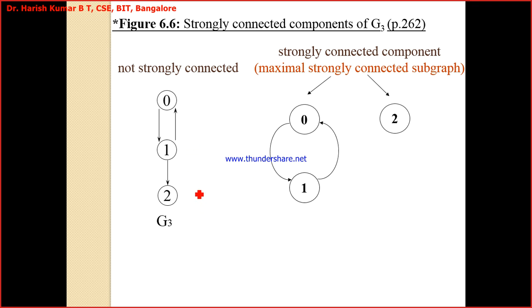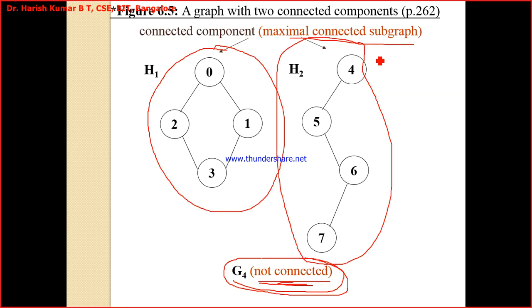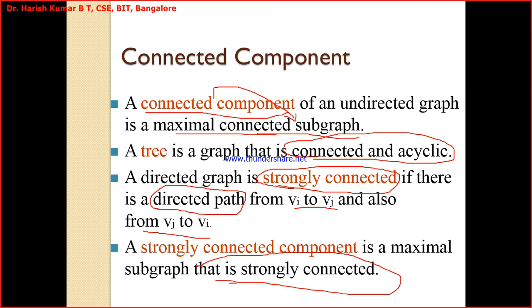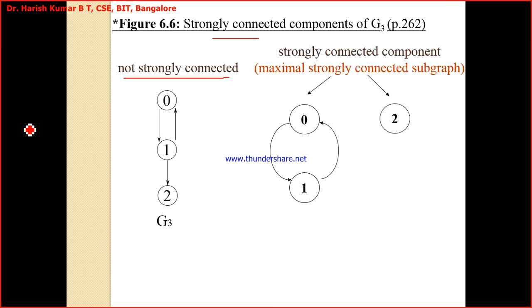Look into this, strongly connected. I told connected only for undirected. Now, this is not strongly connected. Why? As per the definition, a directed graph is strongly connected if there is a directed path from Vi to Vj and also from Vj to Vi. See here, there is a path from 0 to 1, and there is also a path from 1 to 0.